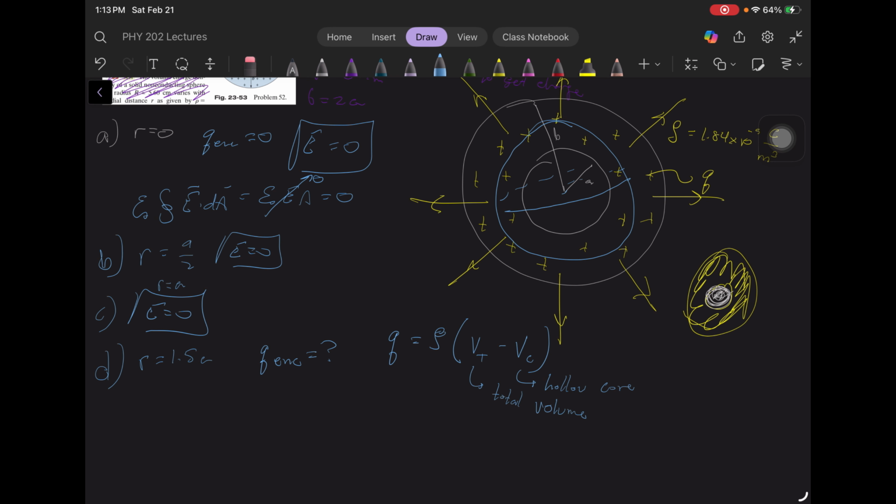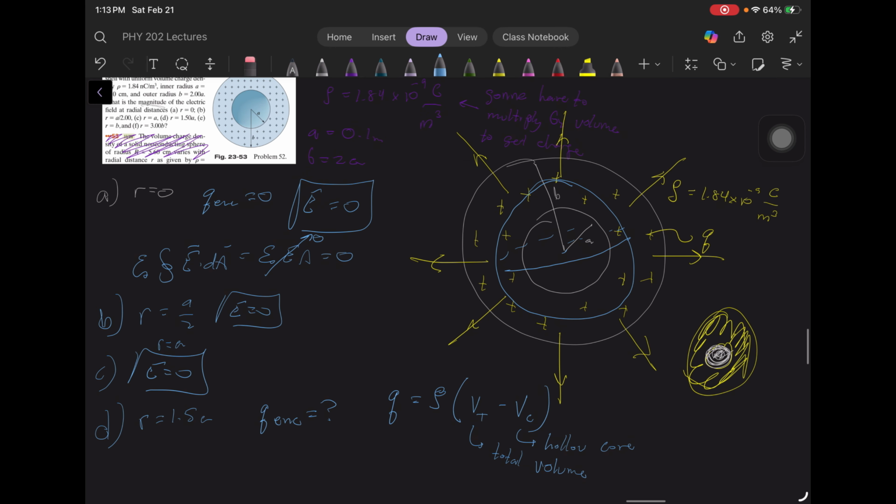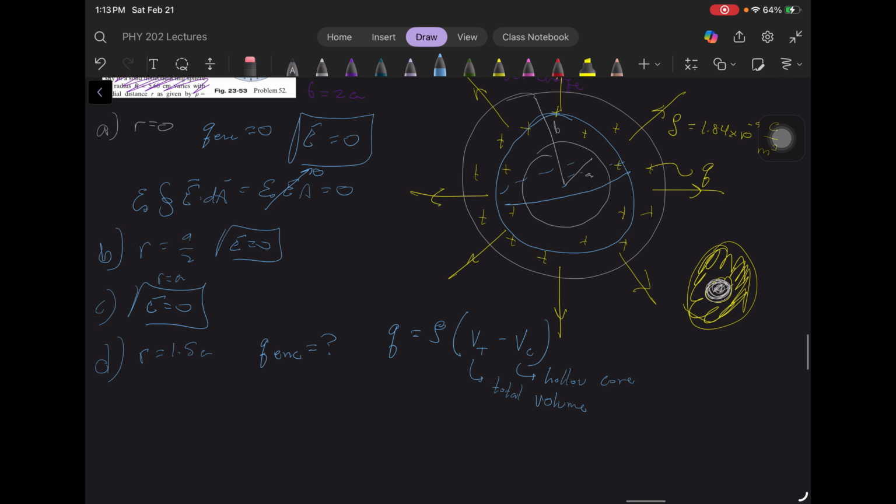Okay. And so if we go back to our picture, we would have VB minus VA for the total charge. So we would have something like 4/3 pi B cubed minus 4/3 pi A cubed, all times rho. And that'll give us the total charge of this setup.